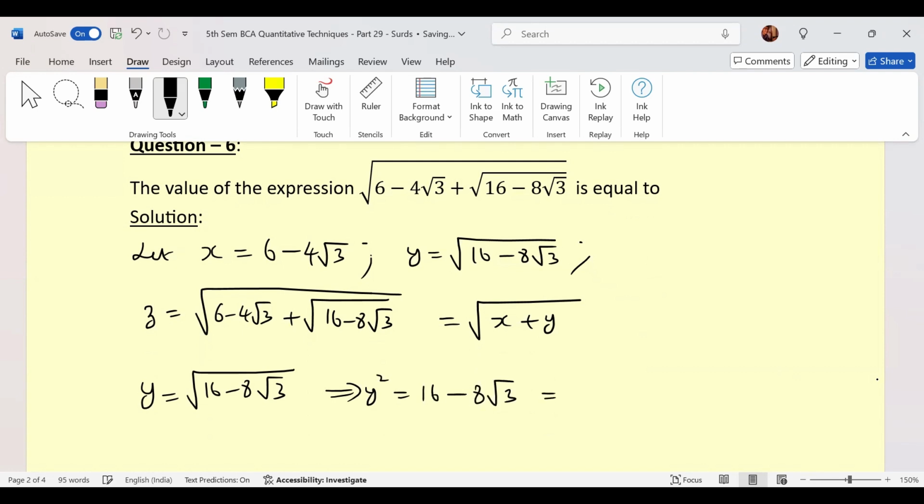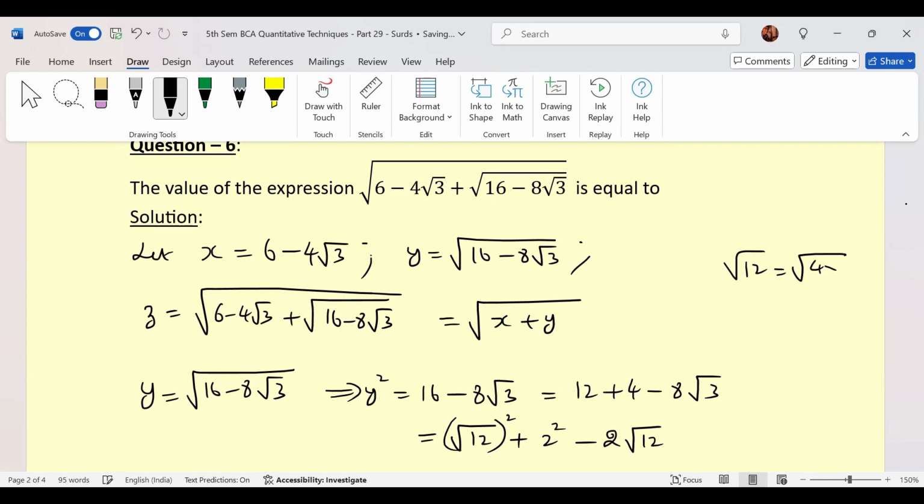That can be split as 12 plus 4 minus 8 root 3, which can be written as root 12 the square and then 2 square minus 2 times root 12. First, let me write down what root 12 is. Root 12 can be written as root of 4 into 3, which is nothing but 2 root 3.